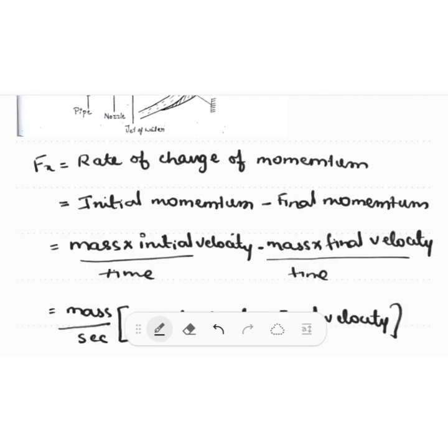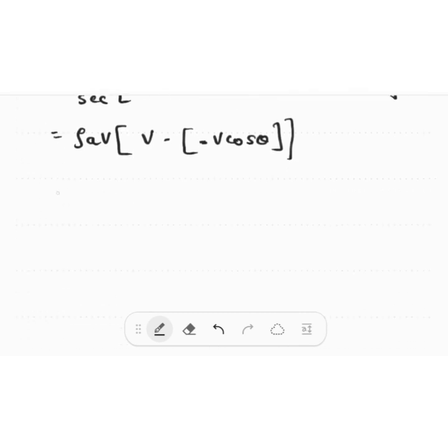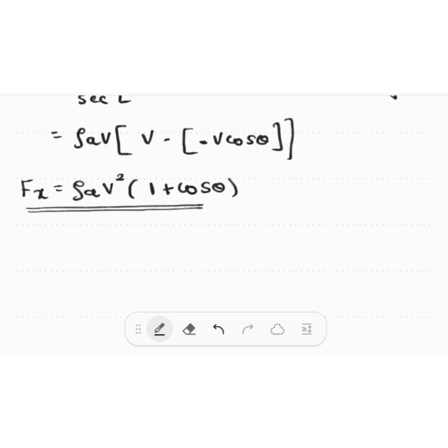We substitute minus v cos theta for the final velocity. Let us solve: rho A v, and v is common, so it becomes rho A v squared into 1 minus minus, that will be plus, cos theta. So this is the equation of force exerted in the direction of the jet.